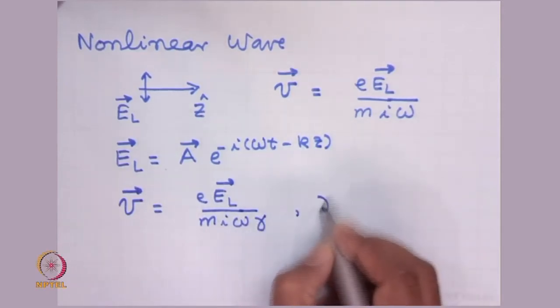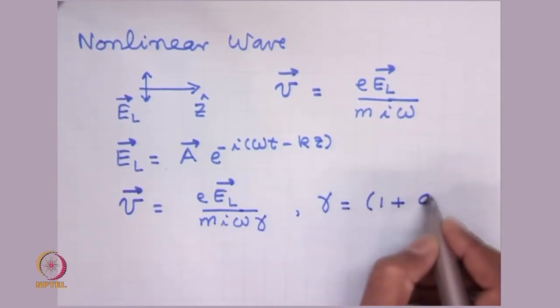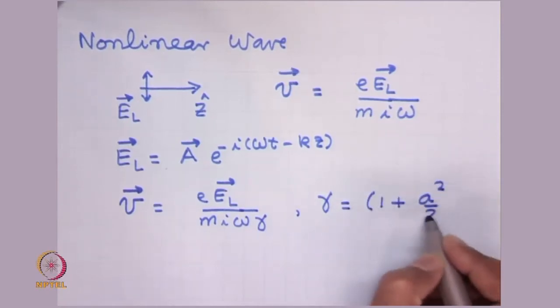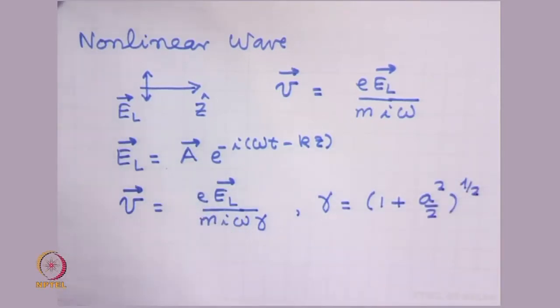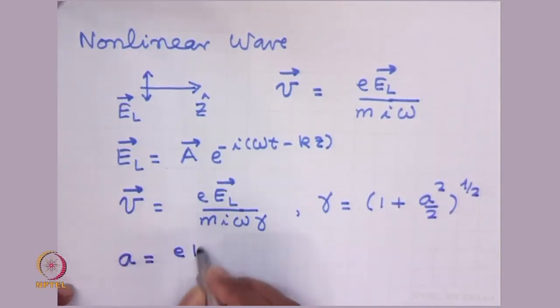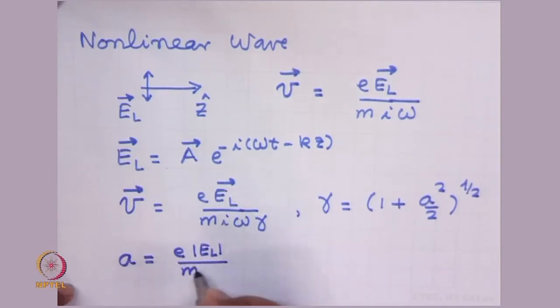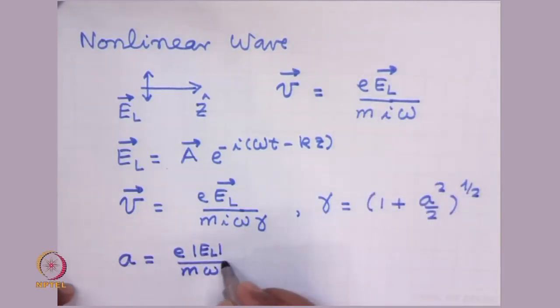And this gamma factor turns out to be equal to (1 + a^2/2)^(1/2) if the laser is linearly polarized, where a is called the normalized velocity of the electron magnitude, which is eE_L / (m omega), same quantity, modulus of this normalized to c.